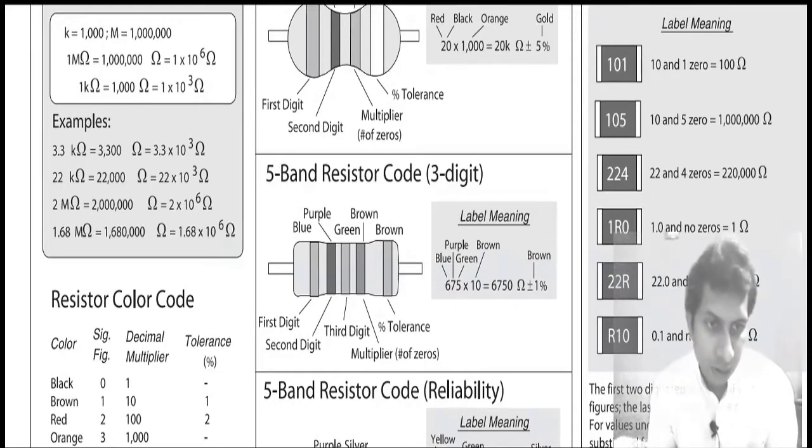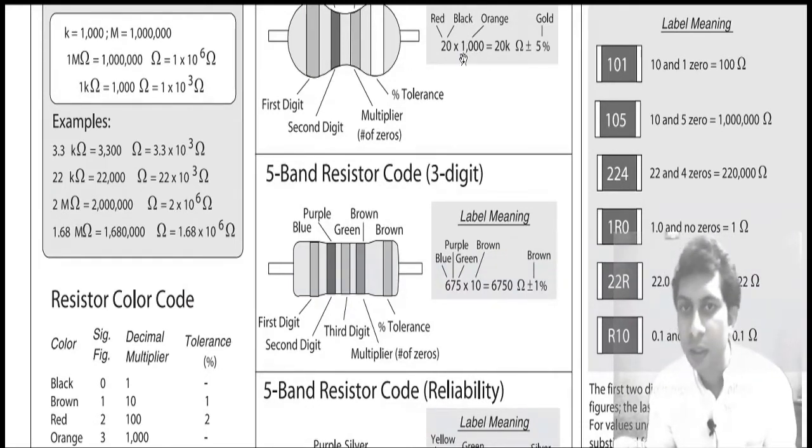The orange number is 3, that means it should be multiplied by 10 raised to power 3. And the last band is gold, and gold has 5% tolerance. So we can write it like 20 times 10 raised to power 3, which can be written as K, and this is 20 kilo ohm plus minus 5%.